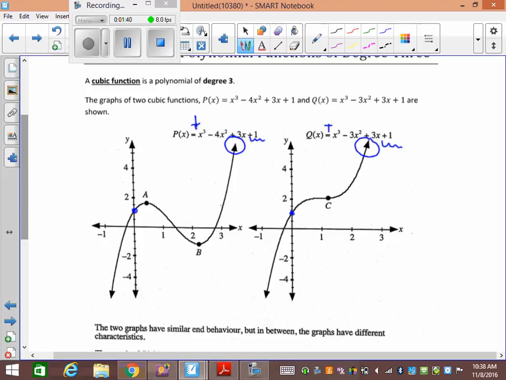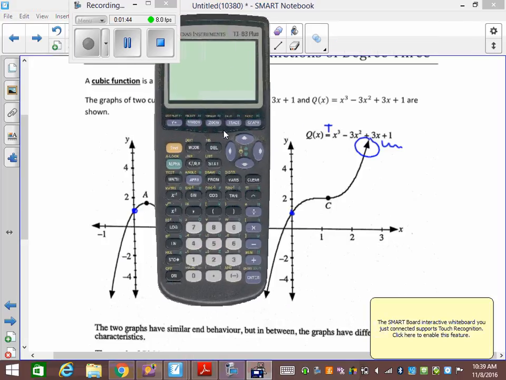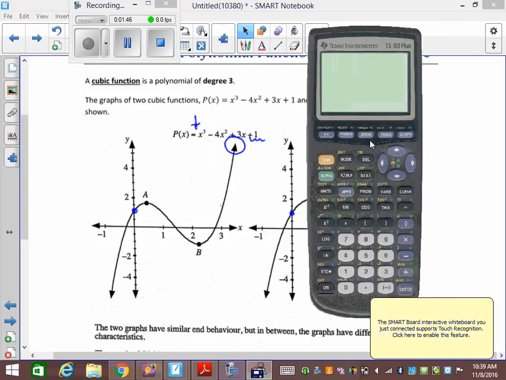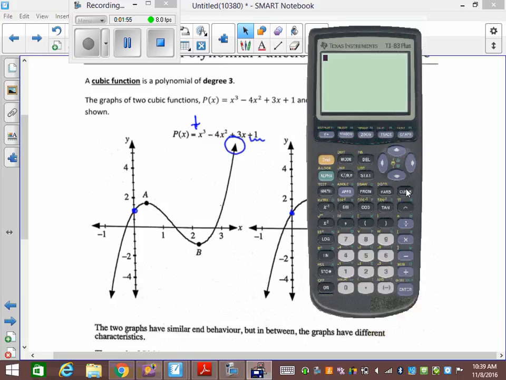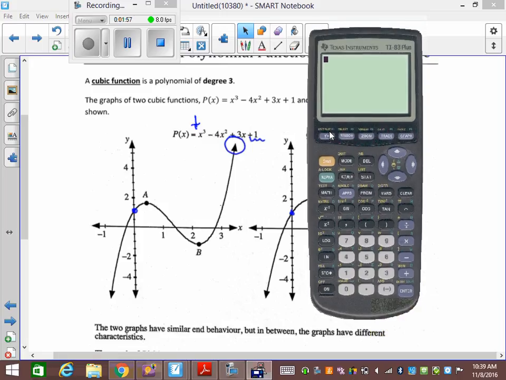Plug in your calculator. So let's practice that. So if we're going to put this one in, follow along, please. So you want to see if this equation matches this, right? So what we're going to do is go to our y equals, and type that in first. So you get x cubed.